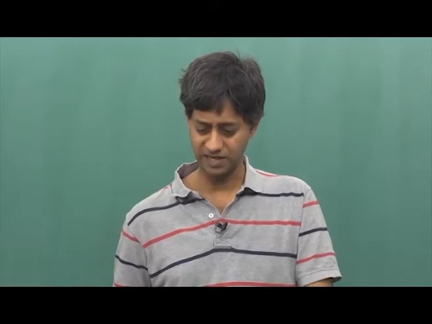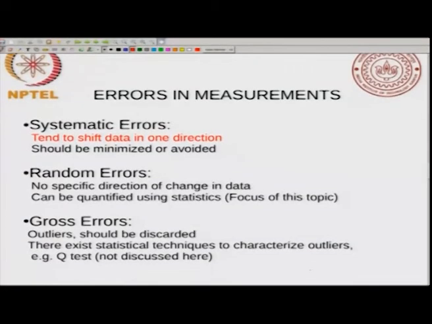So, let us go to the errors in measurements again. Just to summarize, systematic errors tend to shift data in one direction, and they should be minimized or avoided. Random errors, on the other hand, have no specific direction of change in data. These can be quantified using statistics, and this will be the focus of this lecture. Then there are gross errors, which lead to outliers, or data that is very different from all the others, and these should be discarded.